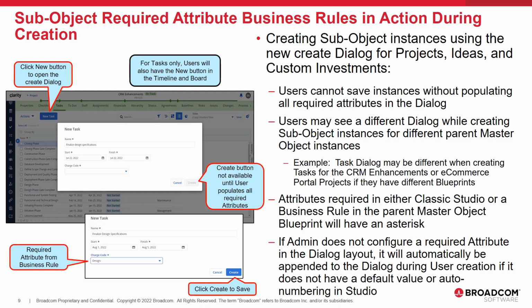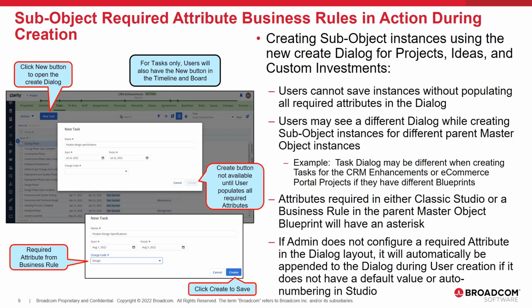And one important thing to consider is the create dialog for a particular sub-object may be different across other investments. For example, you could have two different projects that may be tied to different blueprints with different create layouts for tasks.